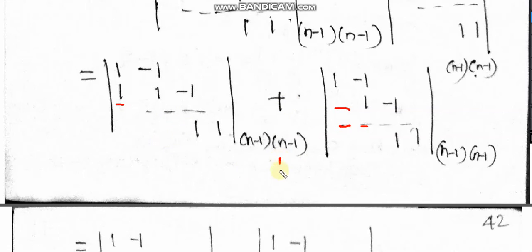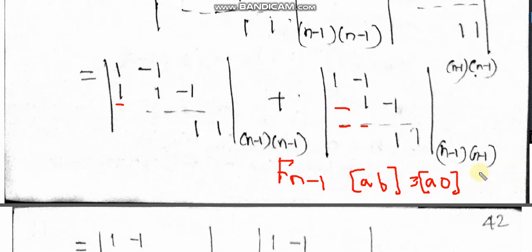So addition of these two will be nothing but f of n minus 1 itself, right? So that is like you have a, b can be expanded as a, 0 plus 0, b. It is similar to that.